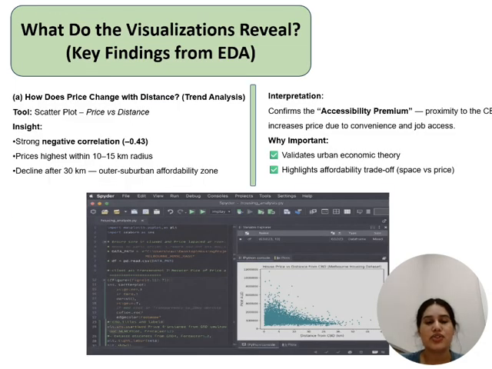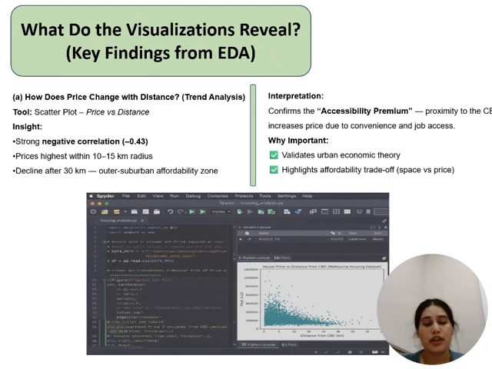Slide 7. Visualization insights. The visual analysis provided key spatial findings. For example, the scatter plot shows that property prices decrease with distance from the city center, which supports the urban economics principle of accessibility premium.